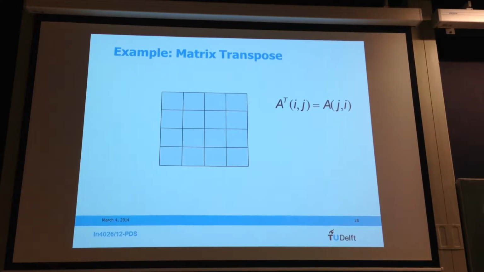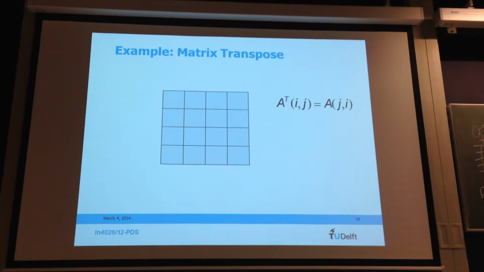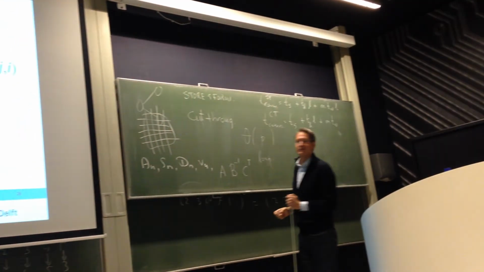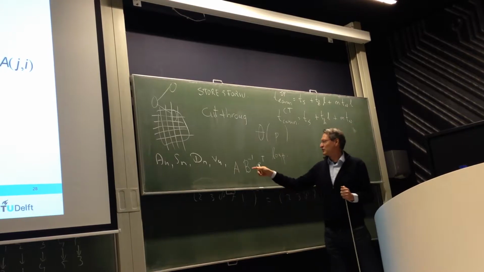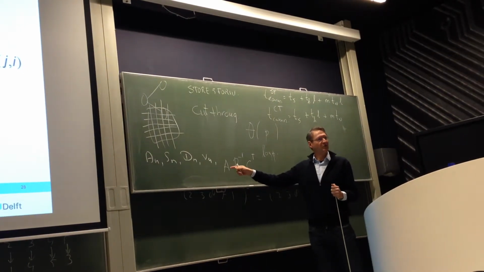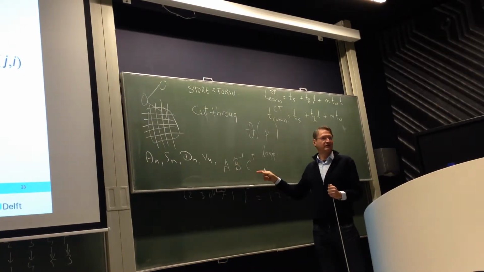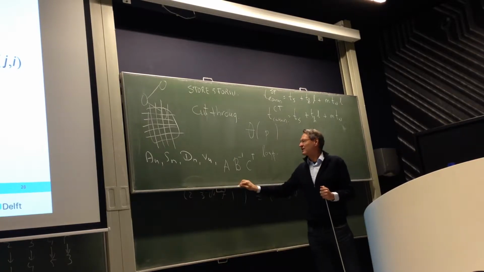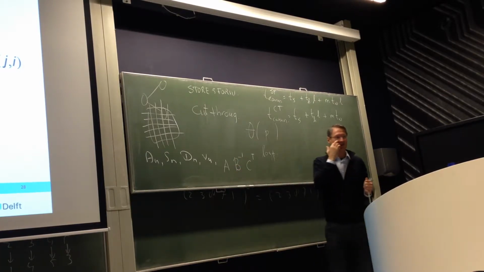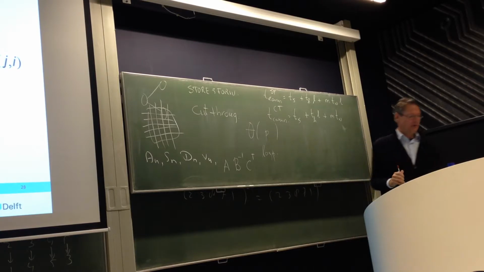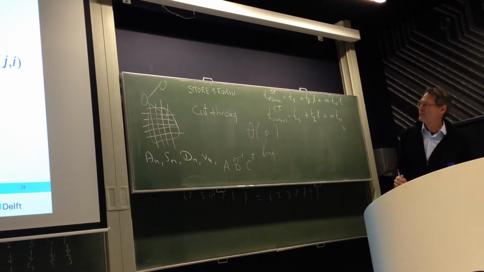In matrix algebra, you often get expressions like A times B minus 1 times C transposed, right? So this is the inverse of the matrix B, this is the normal matrix, and you have to make the product of these things. These are the typical operations you see in these kind of numerical algorithms.